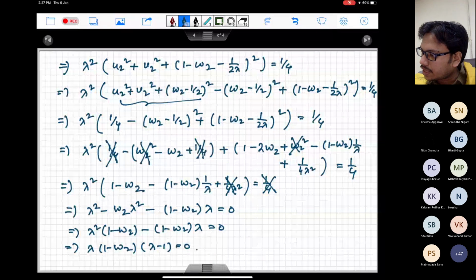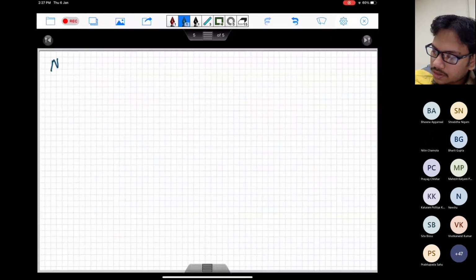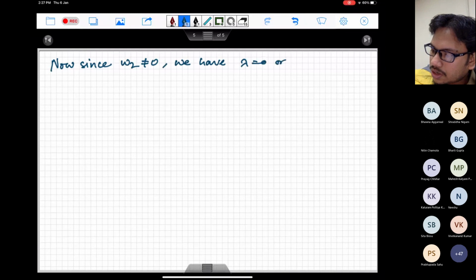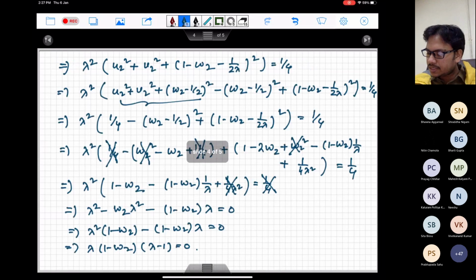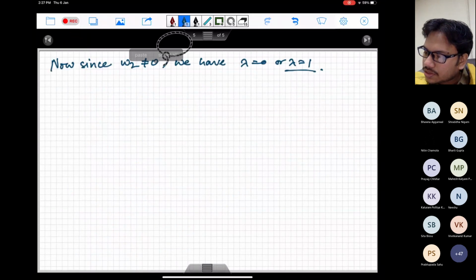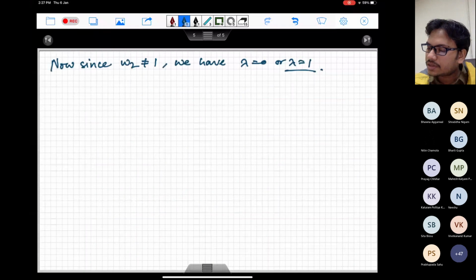So therefore, since w2 is not equal to 1, we have lambda equal to 0 or lambda equal to 1.